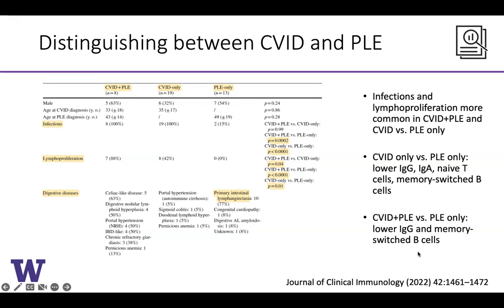And then comparing the CVID with protein-losing enteropathy group versus just the protein-losing enteropathy group, they had specifically lower IgG and lower memory switched B cells. Potentially we can tell apart patients who have both CVID and protein-losing enteropathy, though it still remains quite challenging because there's a lot of overlap in their immune parameters.